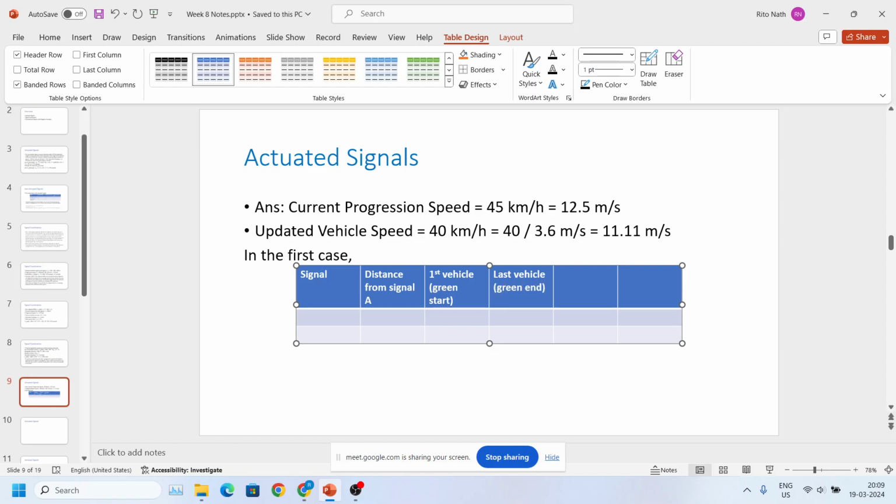Similarly, for the next platoon progression too, you have first vehicle start, and here you have last vehicle green end.